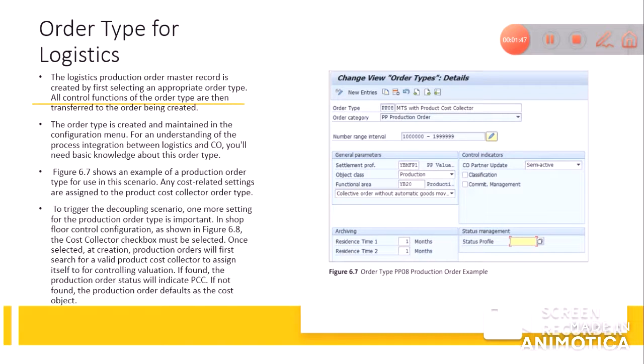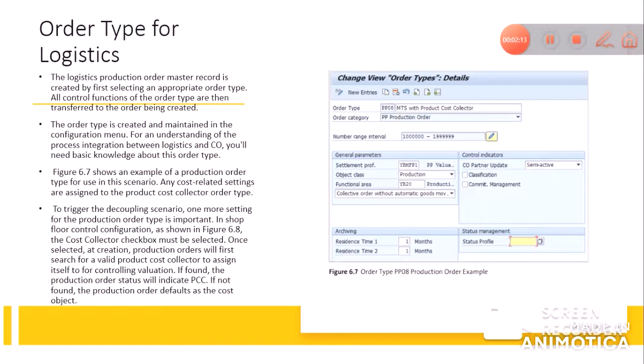To trigger the decoupling scenario, one more setting for the production order type is important. In shop floor control configuration, as shown in figure 6.8, the cost collector checkbox must be selected.